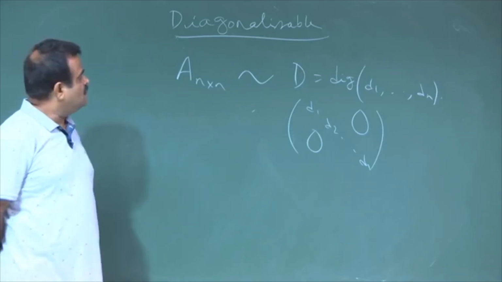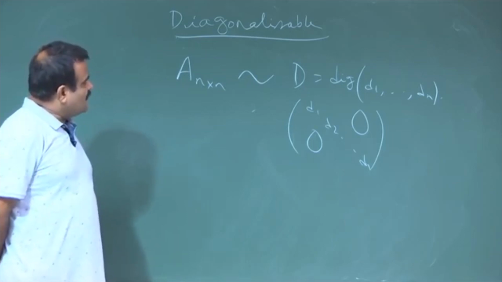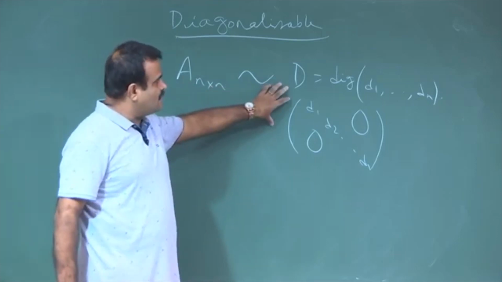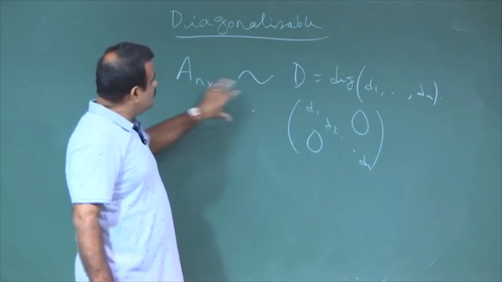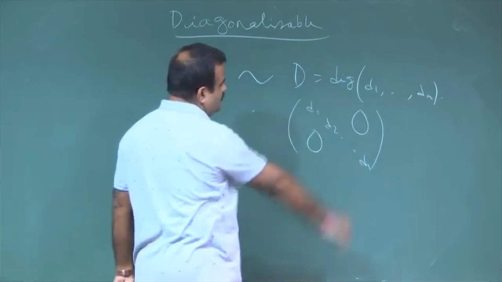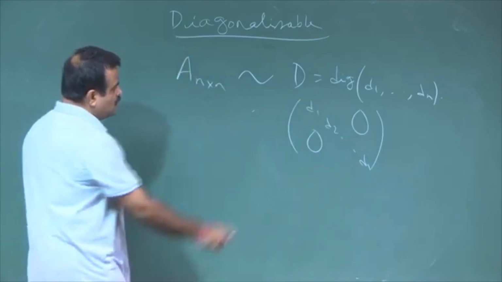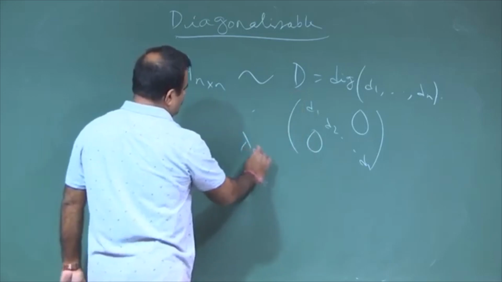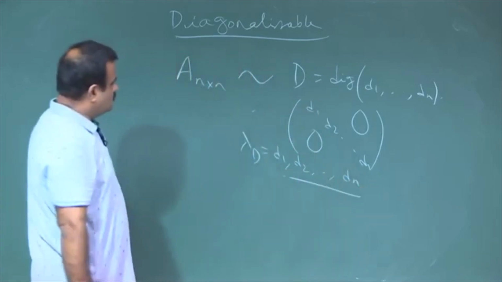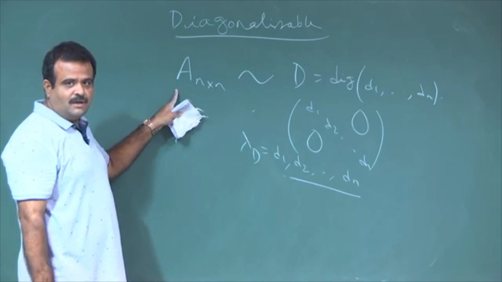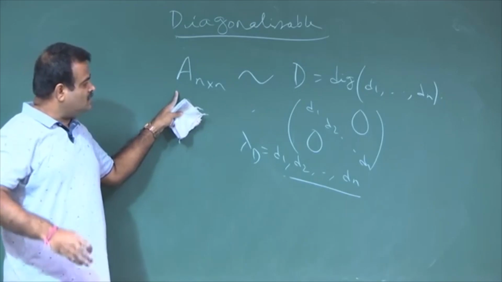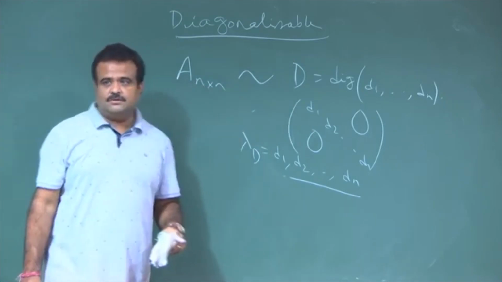Now, if A is diagonalizable, then A is similar to the diagonal matrix, which means A and D have the same eigenvalues. What are the eigenvalues of D? Eigenvalues of a diagonal matrix are the diagonal elements, so the eigenvalues of D are D1, D2, Dn. So they are basically the eigenvalues of A, because D and A have the same eigenvalues, as we have seen in the last class.